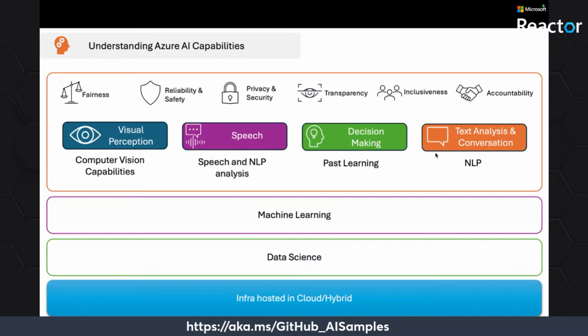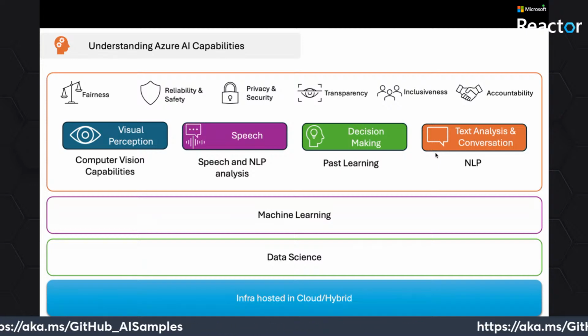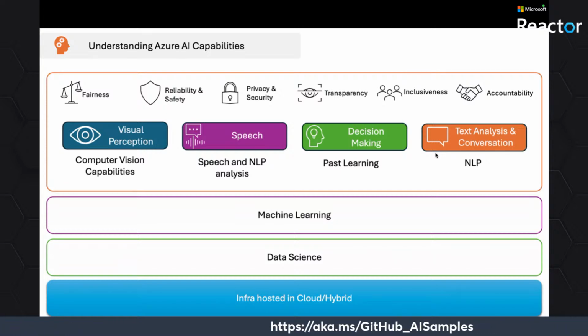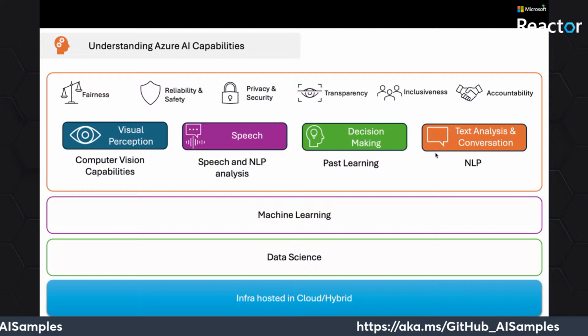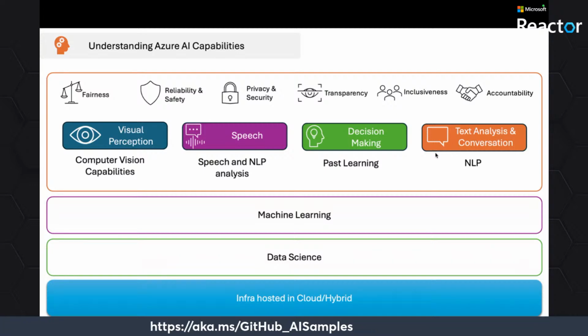On top of it, responsible AI is one of the core layers which every enterprise or industry is supposed to take care of. They are supposed to manage and follow these guidelines during their AI related development or solutions. So fairness, reliability and safety, privacy and security, transparency, inclusiveness, accountability, and all.